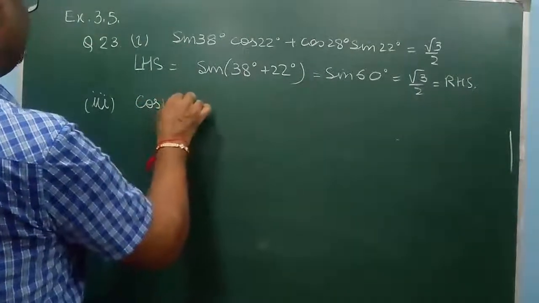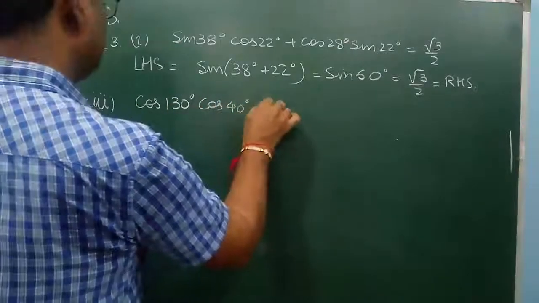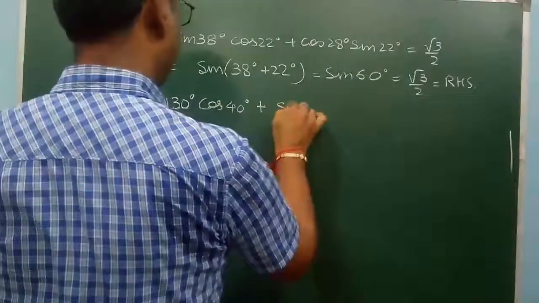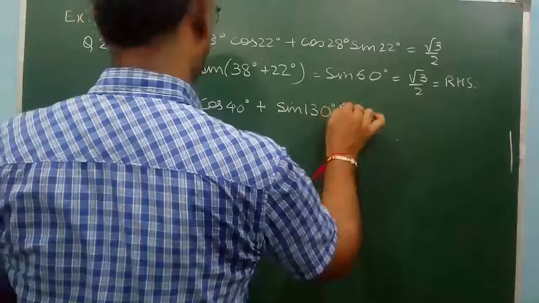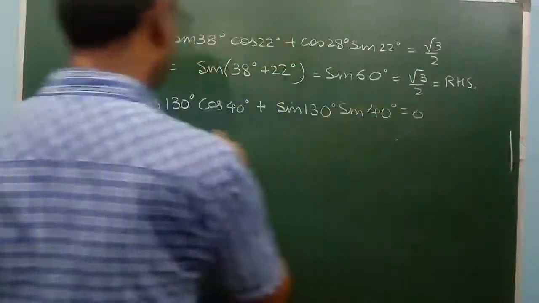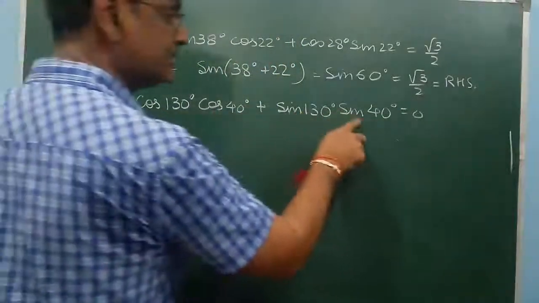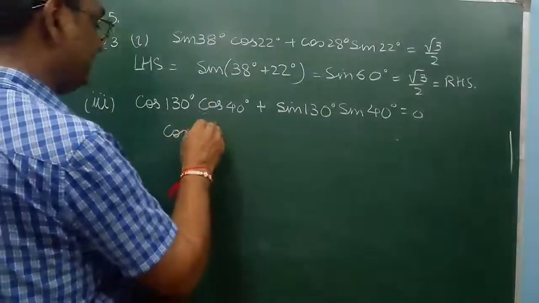cos 130 cos 40 plus sin 130 sin 40. The formula is cos A cos B plus sin A sin B. The formula comes to be cos (A minus B).